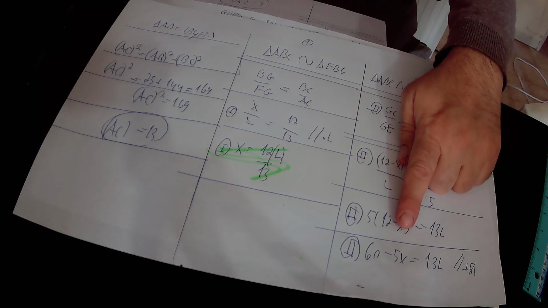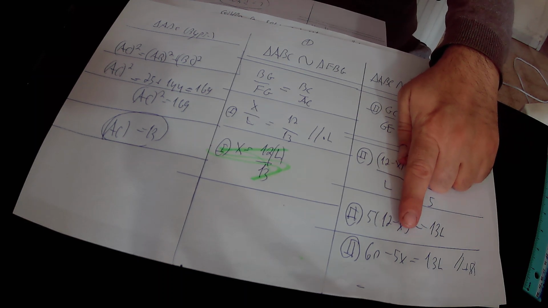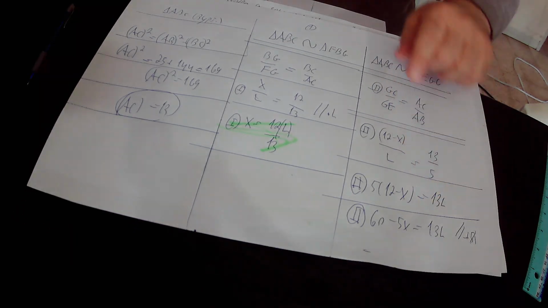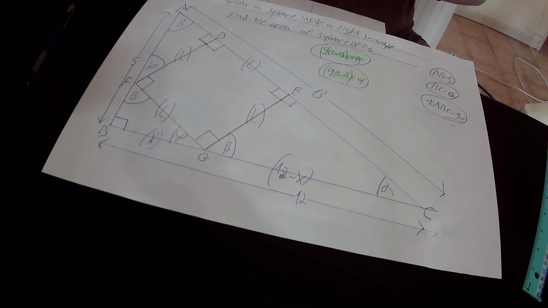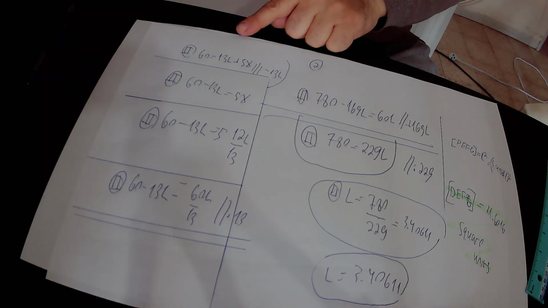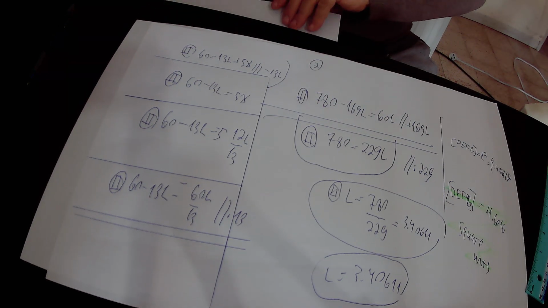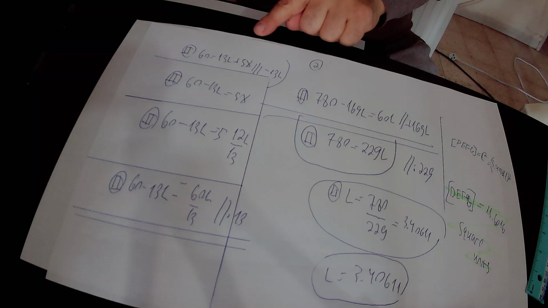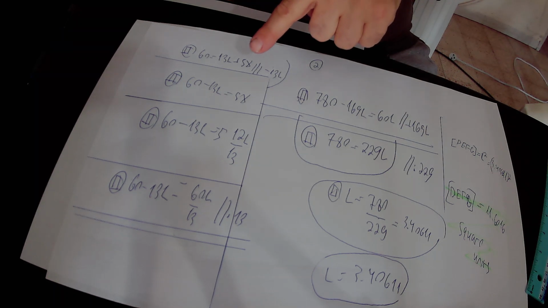So 60 minus 5x equals 13L. Here we add 5x to both sides, and find that 60 equals 13L plus 5x. Then we subtract 13L and find that 60 minus 13L equals 5x.